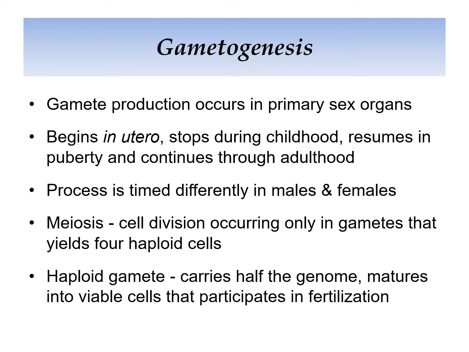So to ensure that we only have 2 copies, 1 copy each from our parents, this cell division, meiosis, happens, where the gamete is no longer diploid, it's haploid. It carries half of all the genes, and it matures into viable cells when it is fertilized. And we will see.